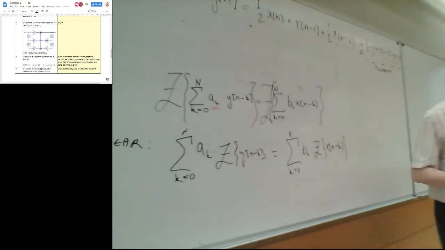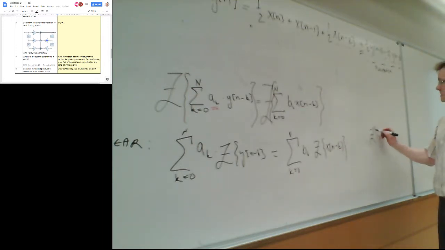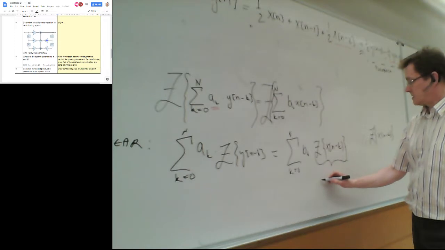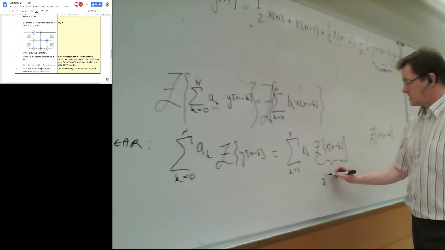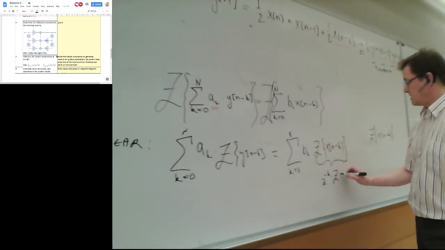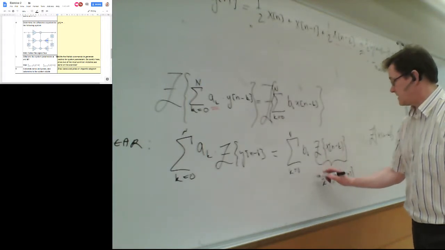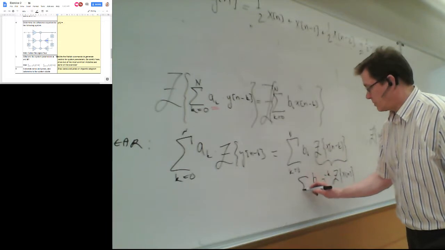Then we use the time shift property: Z transform of x of n minus k is just z to the minus k times Z transform of x of n. So that's the time shift operation.